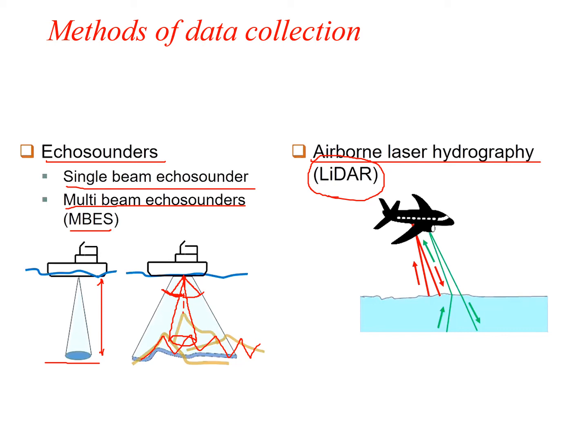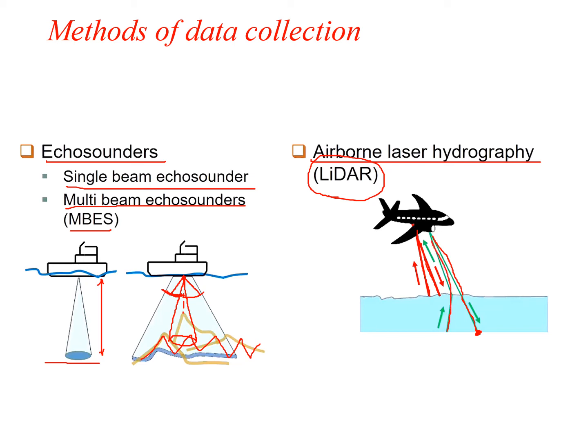The principle of lidar is that when the aircraft is moving, it emits waves. Some of the waves strike the water surface and go back, and some of the waves penetrate into the water, reach the surface of the seabed or river bed, and go back.